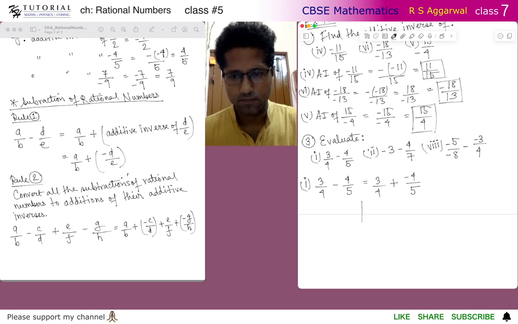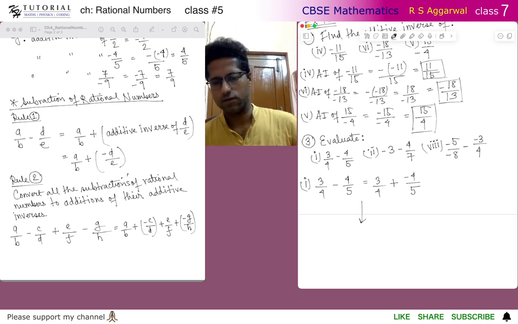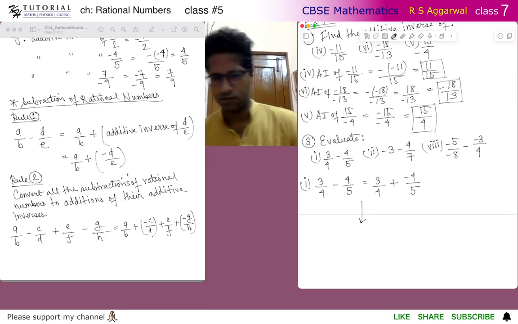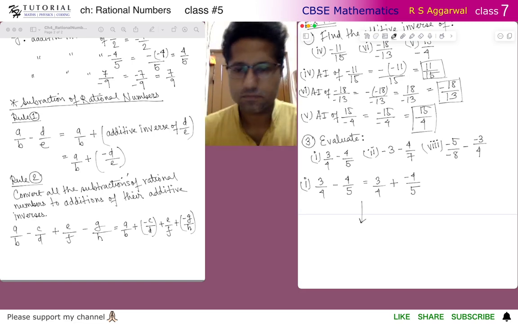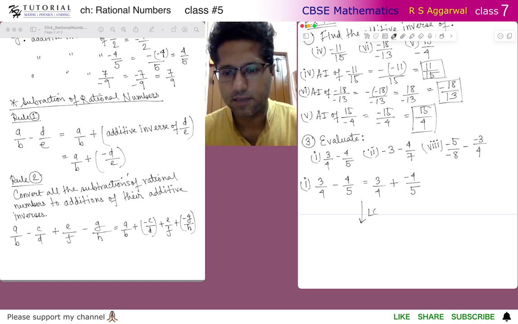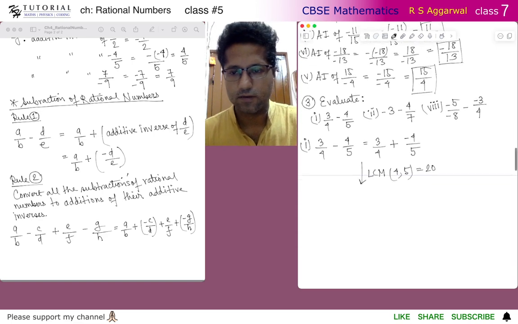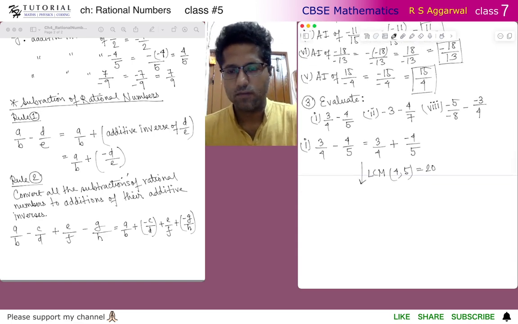Now we have to add two rational numbers, and we can follow the rules of adding two rational numbers. We see that the denominators are different. We find the LCM of 4 and 5, which will be 20. So we convert the rational numbers to the equivalent form so that they have a common denominator of 20.